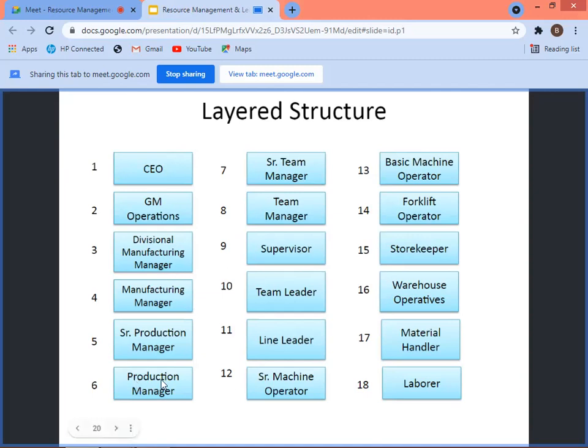For example, production managers could be 20, 30 people. Senior production managers could be 10. Manufacturing managers maybe 5, 4, 3, depending on the size of the organization. Maybe team leaders, 50, 100. This is only in manufacturing. What about the farms? What about the sales?